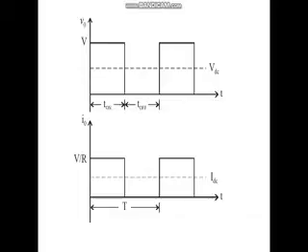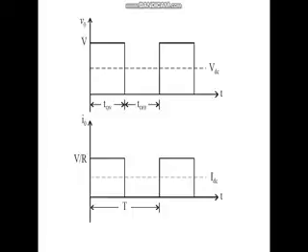Assume that this is the output voltage and current waveform. The input is a DC voltage, so it is a constant straight line, 48 volt DC. From 0 to the end of T on, the gate pulse is applied to the thyristor and the input voltage appears across the load.